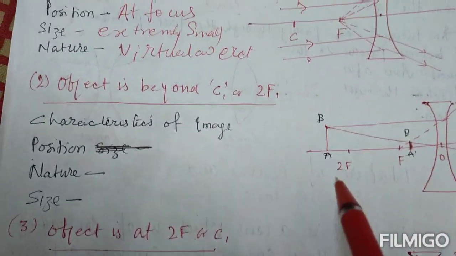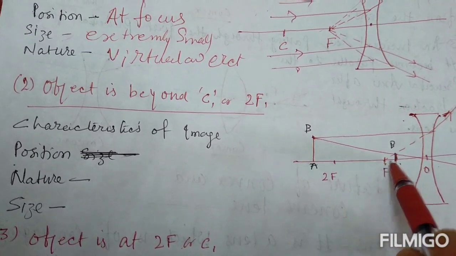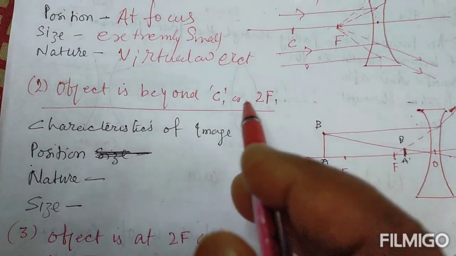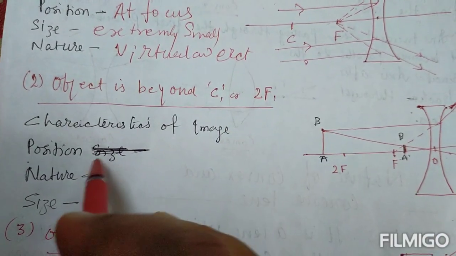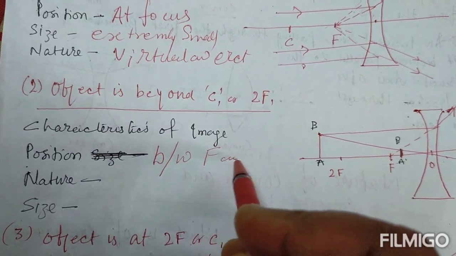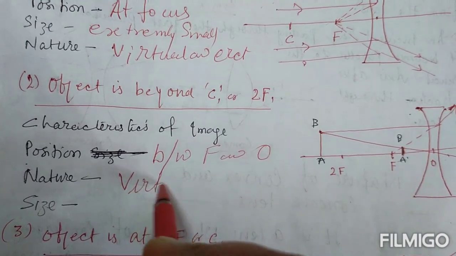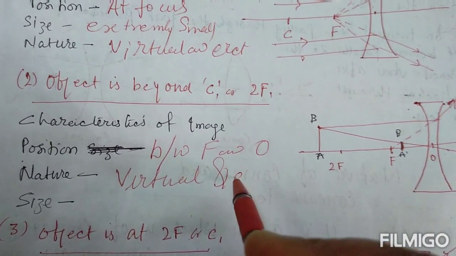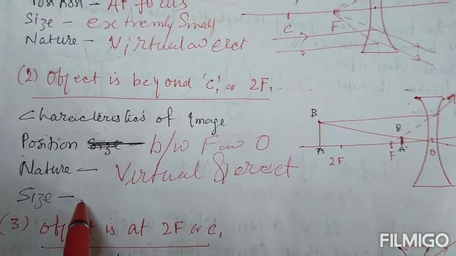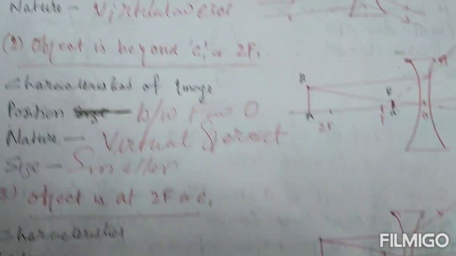Second case, when the object is kept beyond 2F, the image is between F and O. When the object is between C1 and 2F1, position between F and O, nature virtual and erect, size smaller than the object.